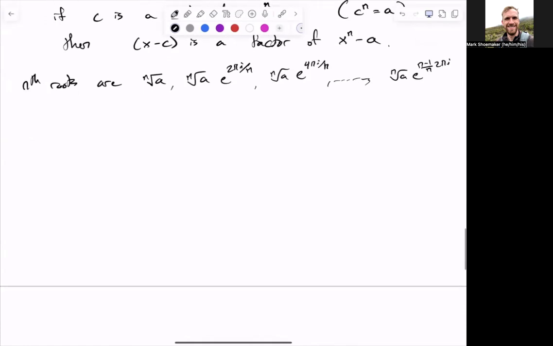And so this gives me the factors. So this is how you factor over the complex numbers.